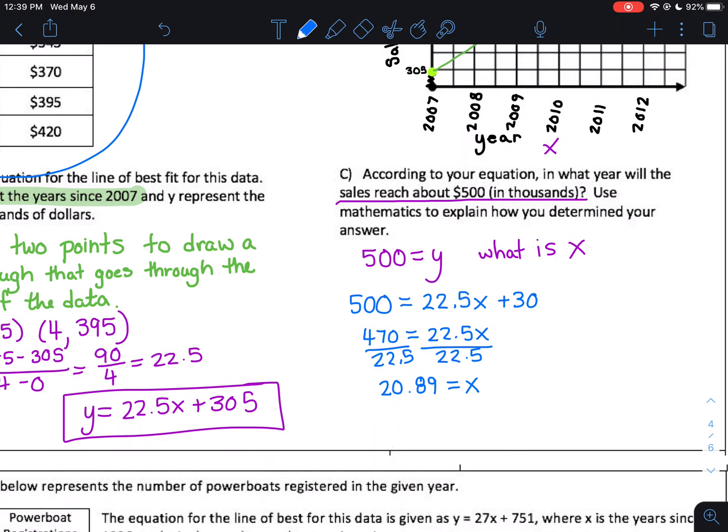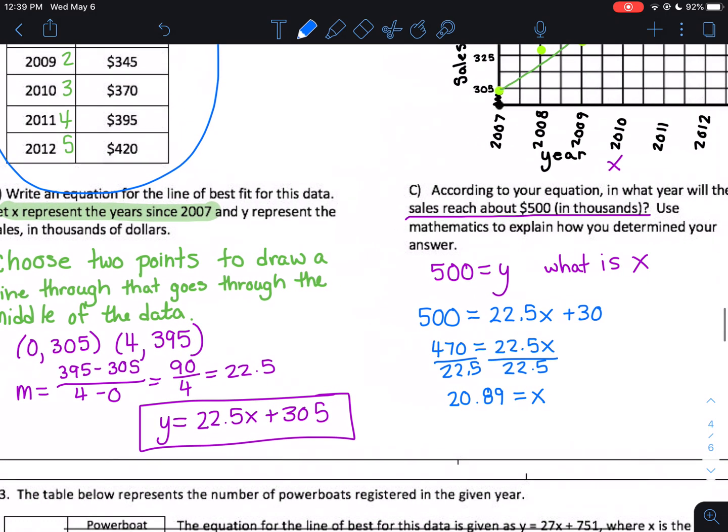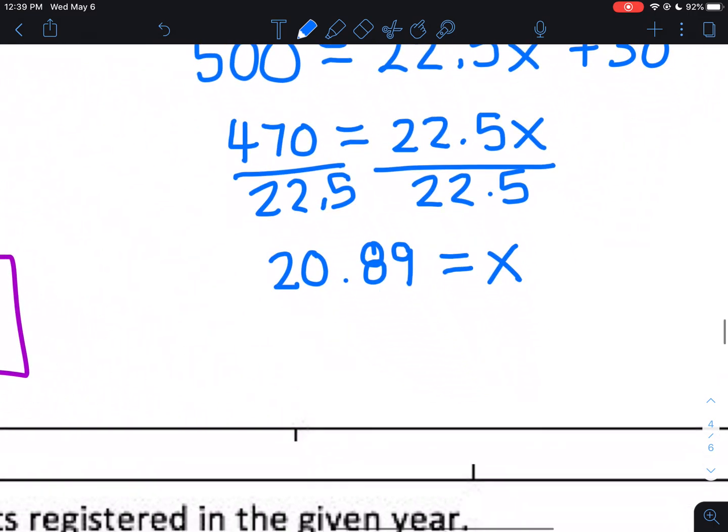So according to our equation, in what year will sales reach about 500 thousand? So it will be exactly at 20.89 years that you will get to 500, okay? So remember, in our equation, the x is years since 2007. So we're going to add 20.89, or I'm going to round that up to 21 years.